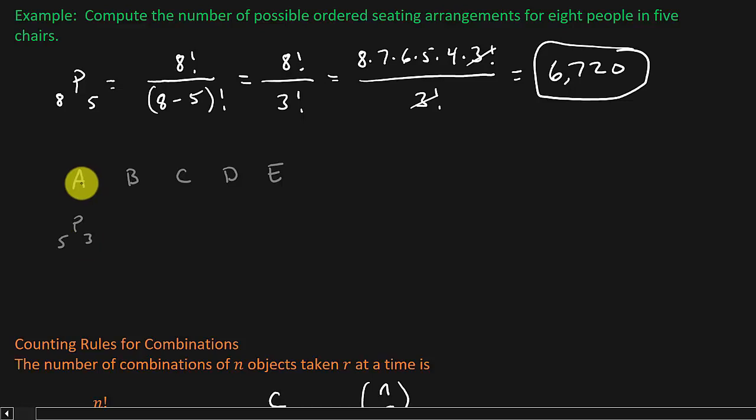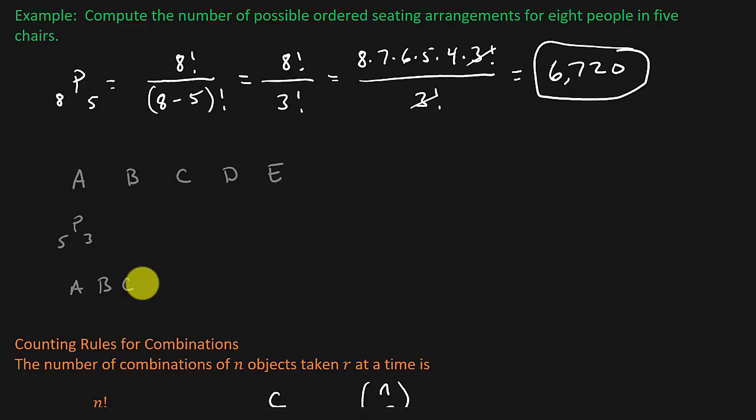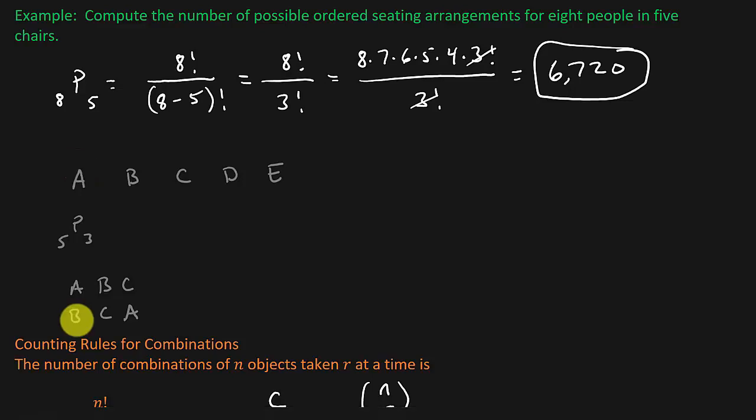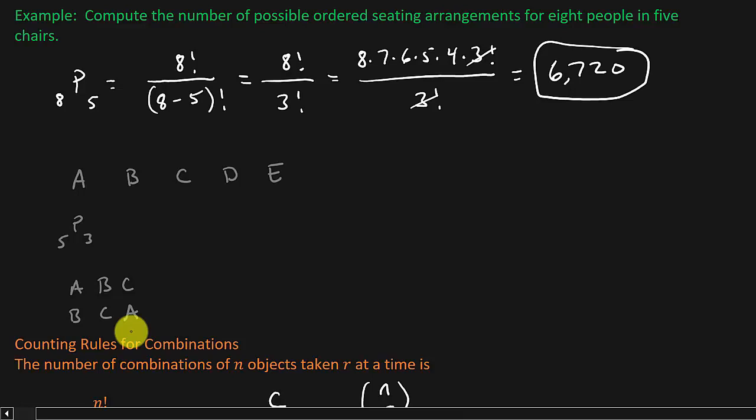So let's suppose I choose book A first, book B second, and book C third. That's one arrangement. Now, let's suppose I choose book B first, book C second, and book A last. I chose the same 3 books, but the order that I chose them is different.